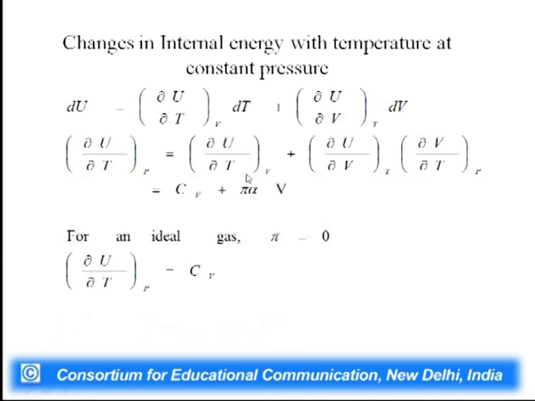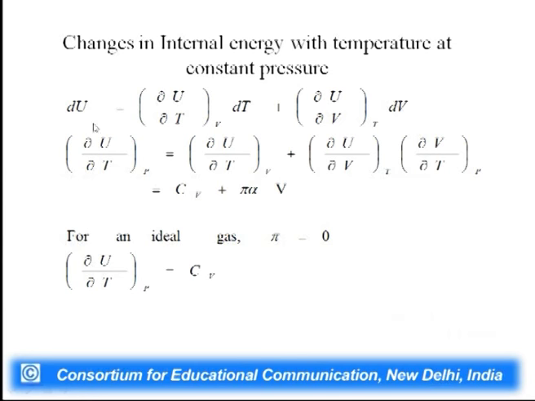So, you can calculate ∂U/∂T at constant pressure. We know that (∂U/∂T) at constant volume is Cv, plus (∂U/∂V) at constant temperature is pi, the internal pressure, and we can also write (∂V/∂T) at constant pressure as Vα.